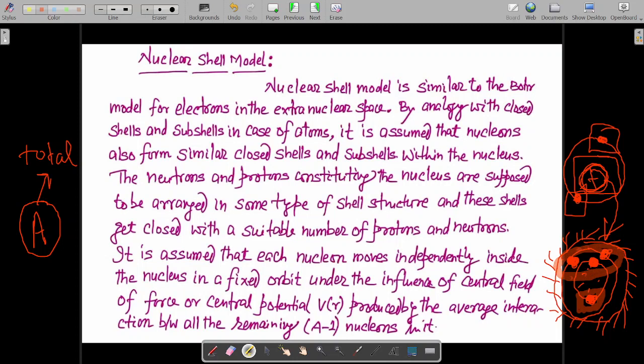The nuclear force field created by these three nucleons will be responsible for the movement of this proton. So this proton will move in this orbit on account of the field created by the other three nucleons. We had four nucleons here, two protons and two neutrons.